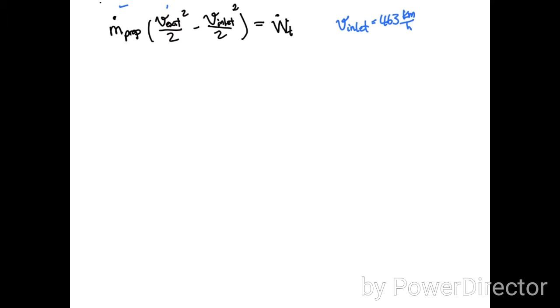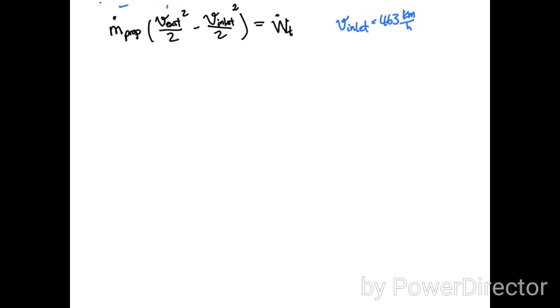So here is the energy balance shown here, where we have the mass flow rate of air through the propeller multiplied by the difference of squares of velocity. That gives us our change in kinetic energy, which is equal to the power from the turbine.